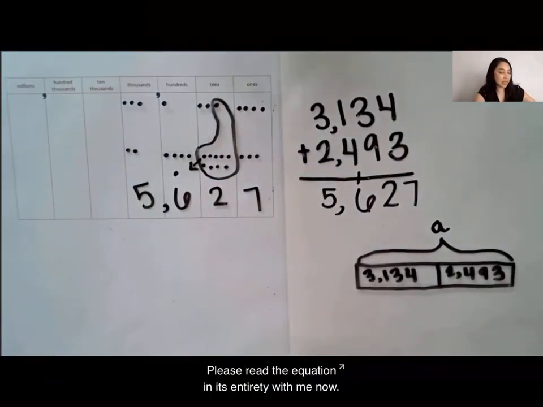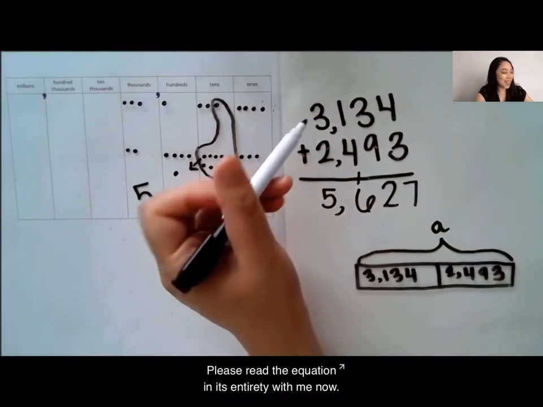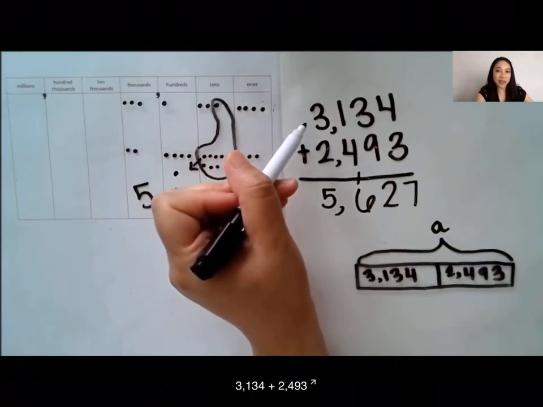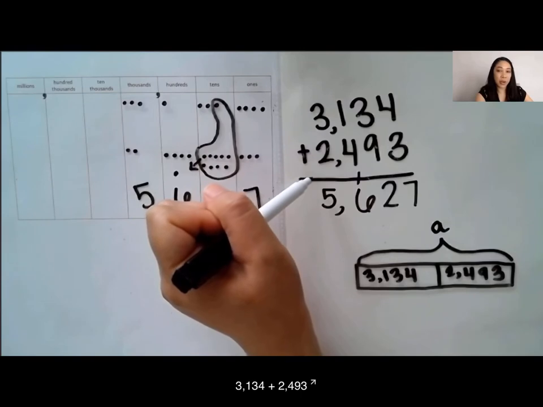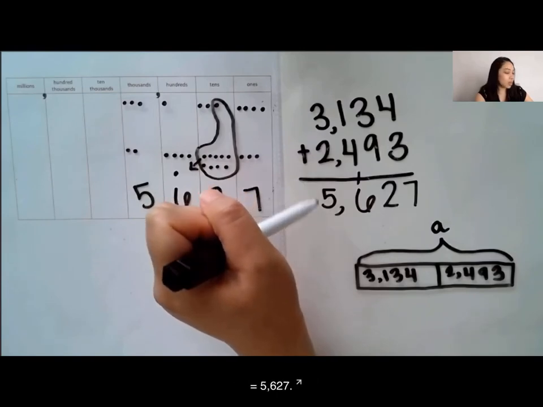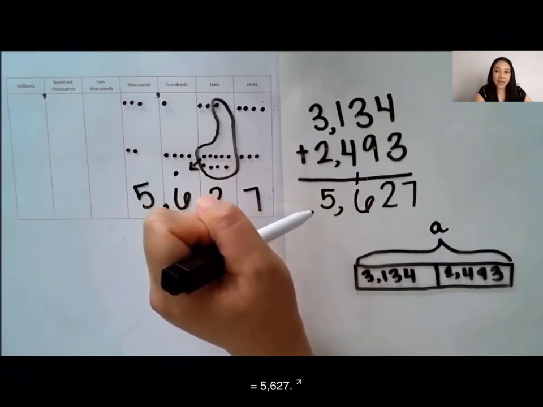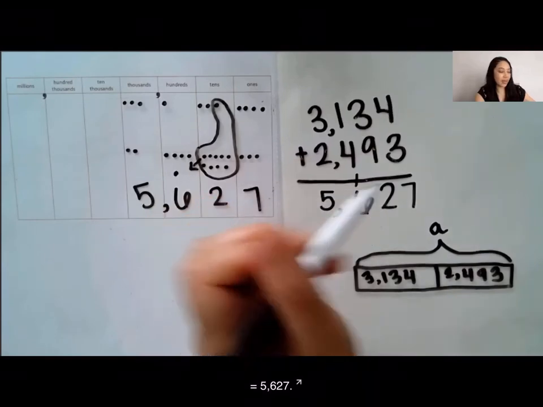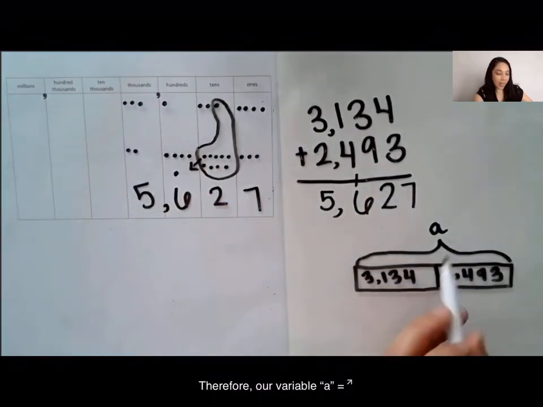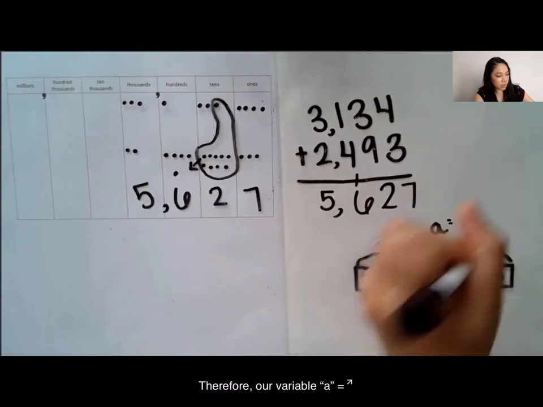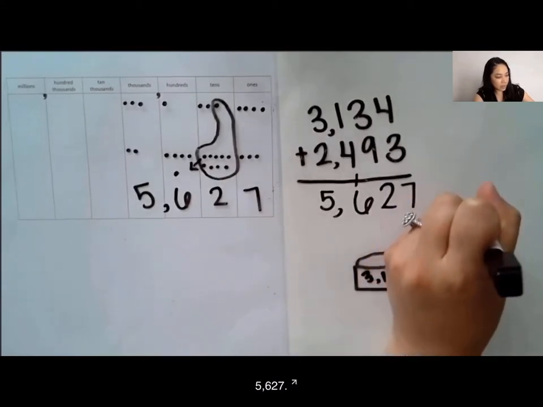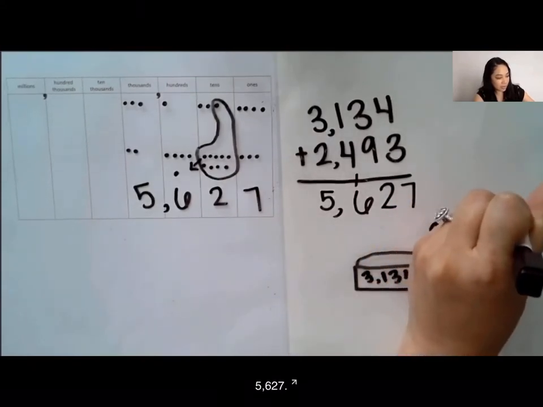Please read the equation in its entirety with me now. 3,134 plus 2,493 equals 5,627. Therefore, our variable A equals 5,627.